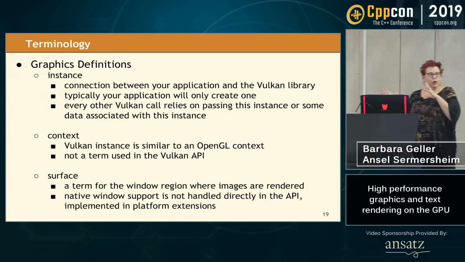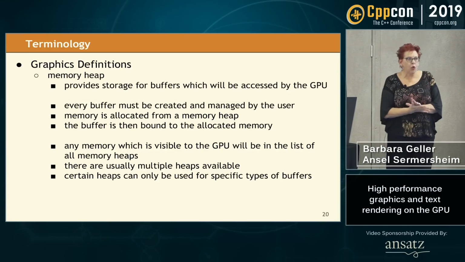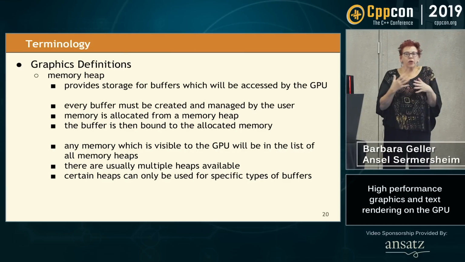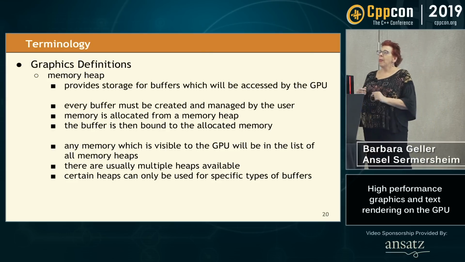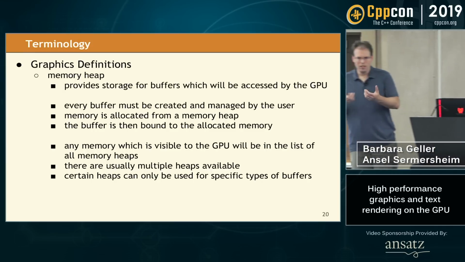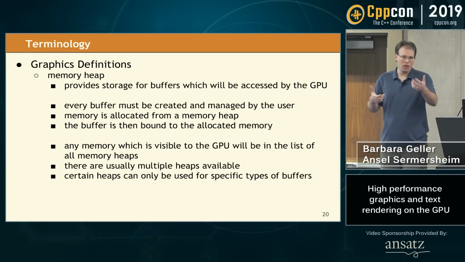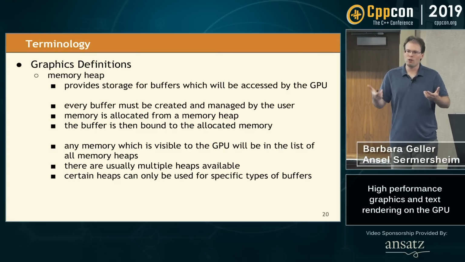We're just going to, again, briefly talk about some of these things. The memory heap is really important, though, because you have to control all the memory. You can't just write things to buffers wherever you want. Vulkan differentiates between the concept of a buffer, which is a conceptual thing, and the memory that buffer actually lives in.